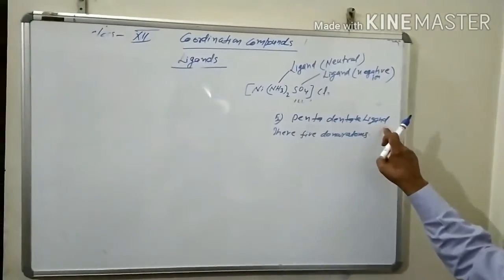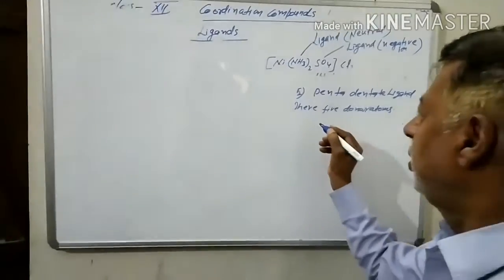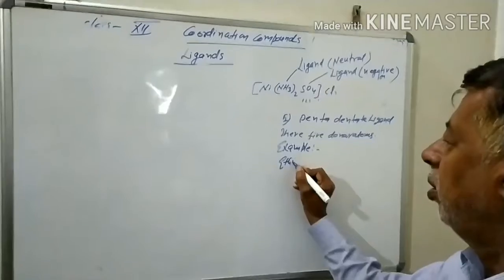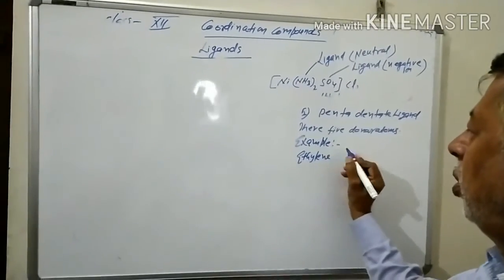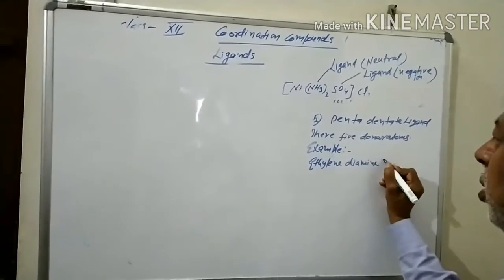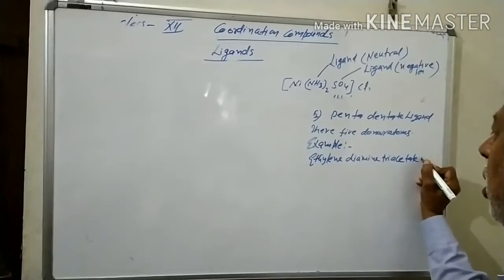Example, ethylene diamine triacetate ion.